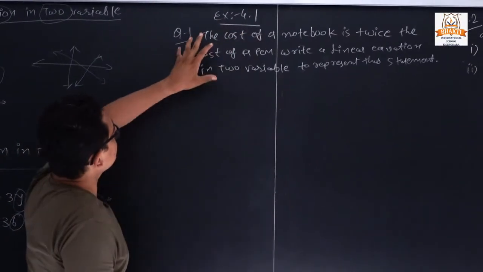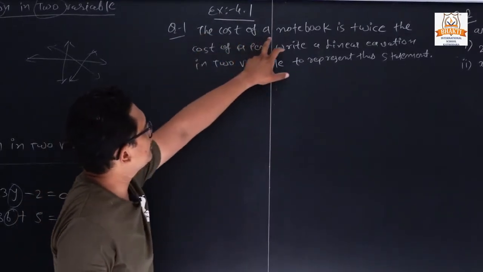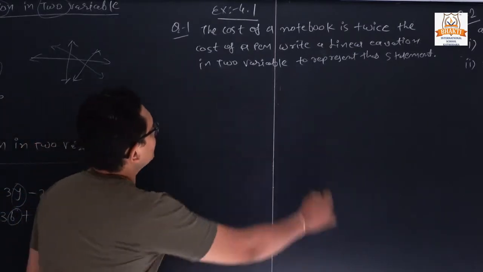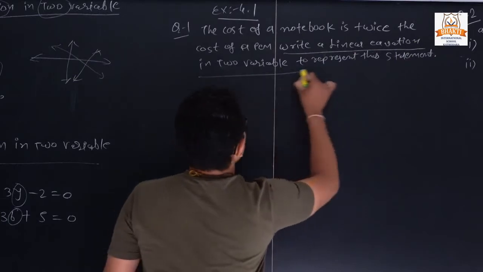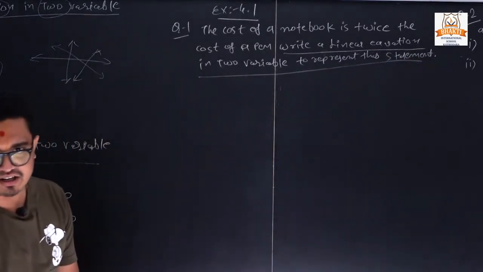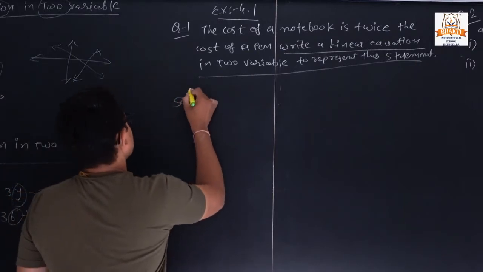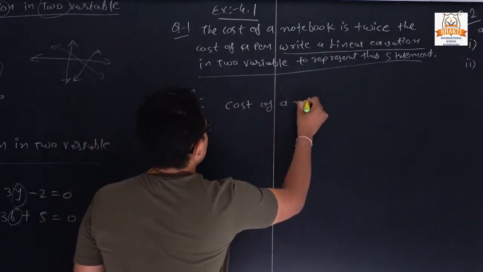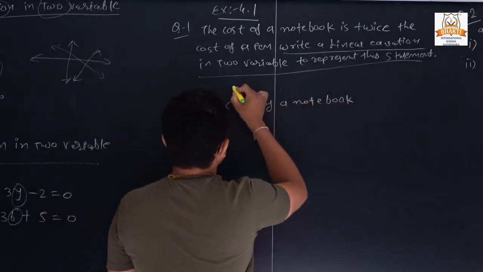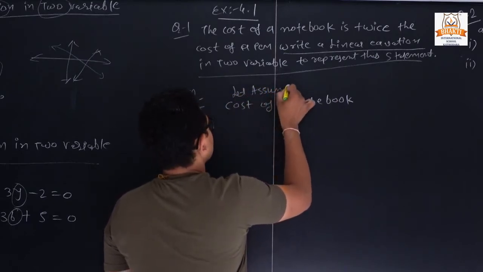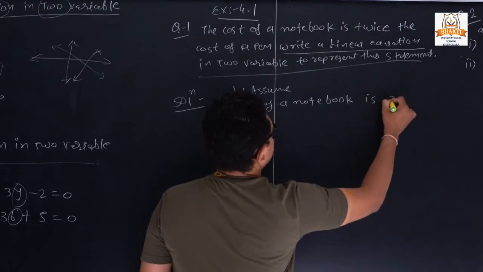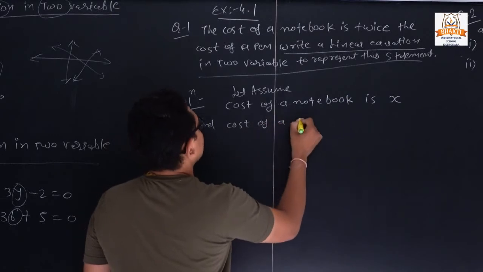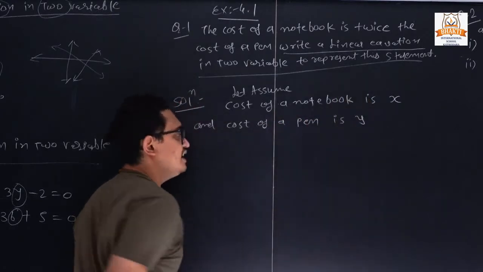In 4.1 question 1 they are asking: the cost of a notebook is twice the cost of a pen. Write the linear equation in two variables to represent this statement. First of all we start like this. Let us assume the cost of a notebook is x and the cost of a pen is y.